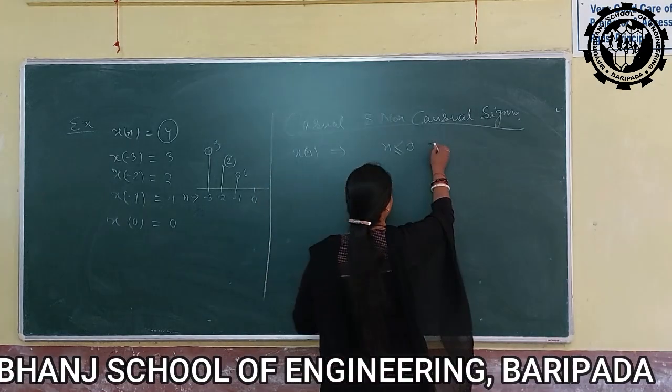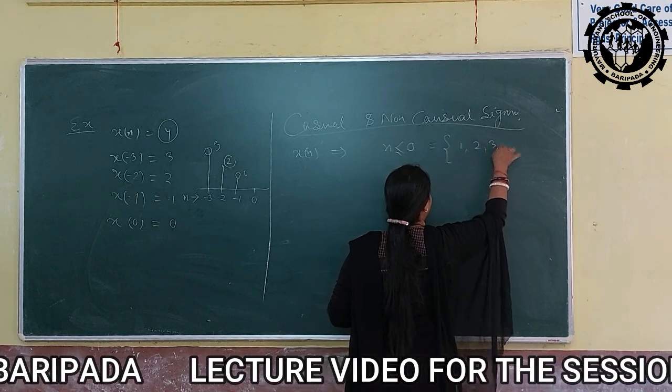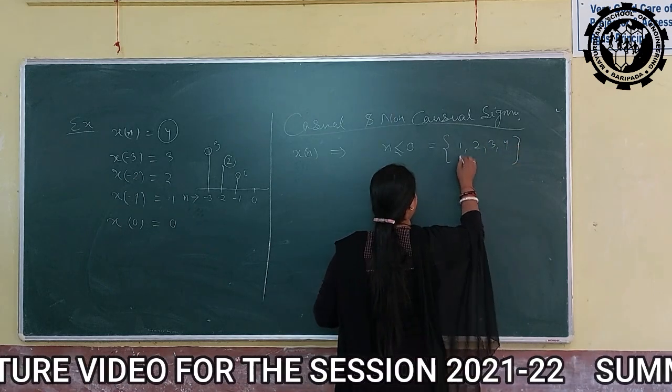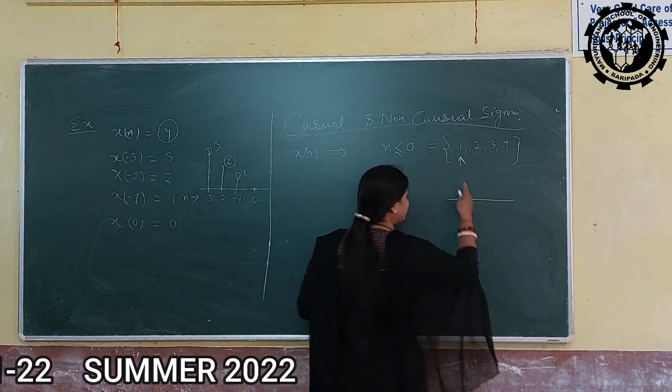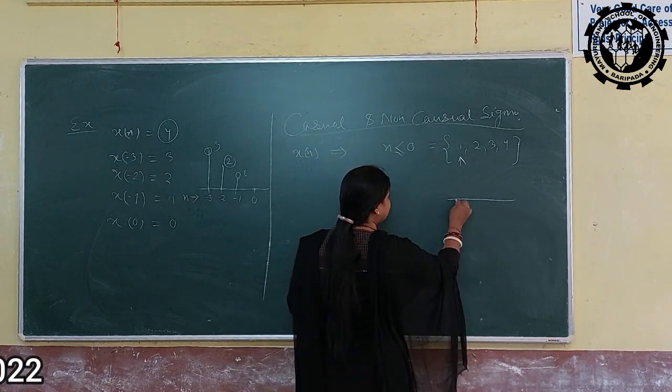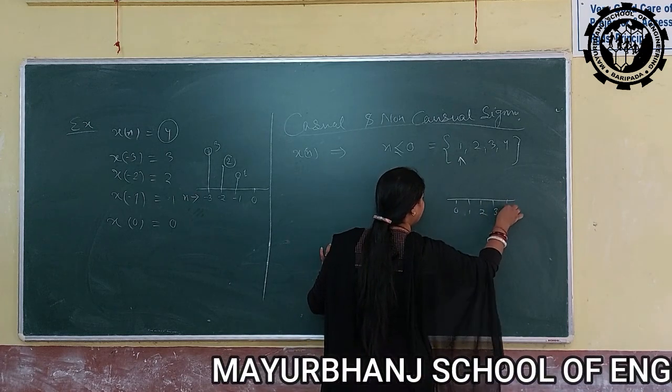Let's take an example. x of n is equal to 1, 2, 3, 4, and it starts from 1. If you represent it in graphical form, it's like 0, 1, 2, 3, 4.